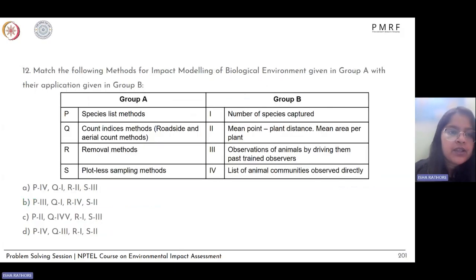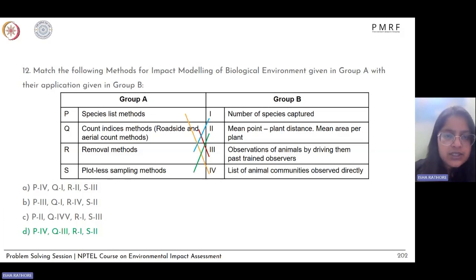Moving on. Match the following methods for impact modeling of biological environment given in group A with the application given in group B. So the correct answer is D, that is, the speciesless method is used for list of animal communities observed directly. So P matches with 4. Then count index methods, roadside and aerial count methods are used for observations of animals by driving them past trained observers.